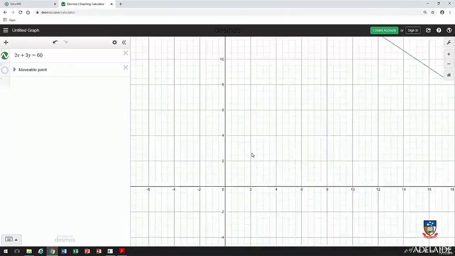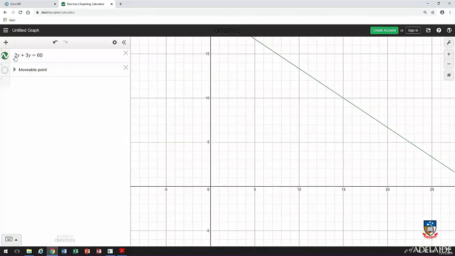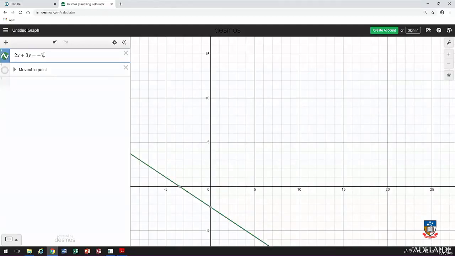I can't see it in this picture, but I can see it there. And I could even make it 0, and I could even make it -7 or -20. And what that does when I change that number is the line stays the same slope, but it moves into different places. And that's just because of the way that these linear equations work.